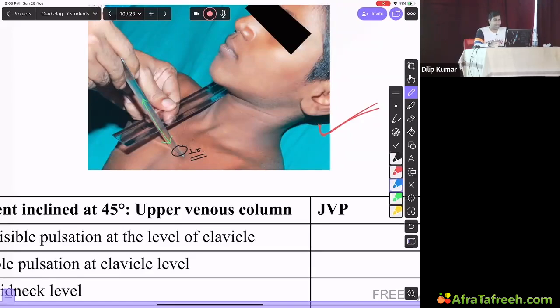Once you have identified the JVP waveform, pulsation, at one point you have to see the meniscus. Remember, the top portion of the pulsation is what we call the meniscus. So once you have identified the JVP meniscus, maybe somewhere around here, you keep another scale perpendicular to the original scale, and this distance will tell you the height of the JVP. Clear? This distance will tell you the height of the blood column, that is the JVP.